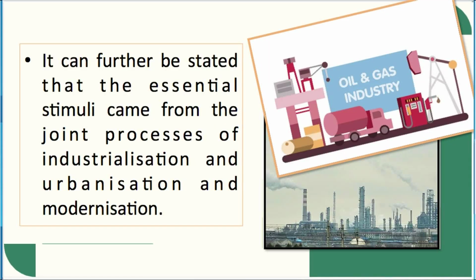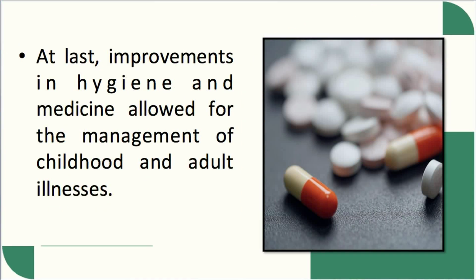Also, it can be further stated that the essential stimuli came from the joint processes of factors like industrialization and urbanization and also modernization. And at last, the improvements in hygiene and medicine allowed for the management of childhood and adult illnesses.